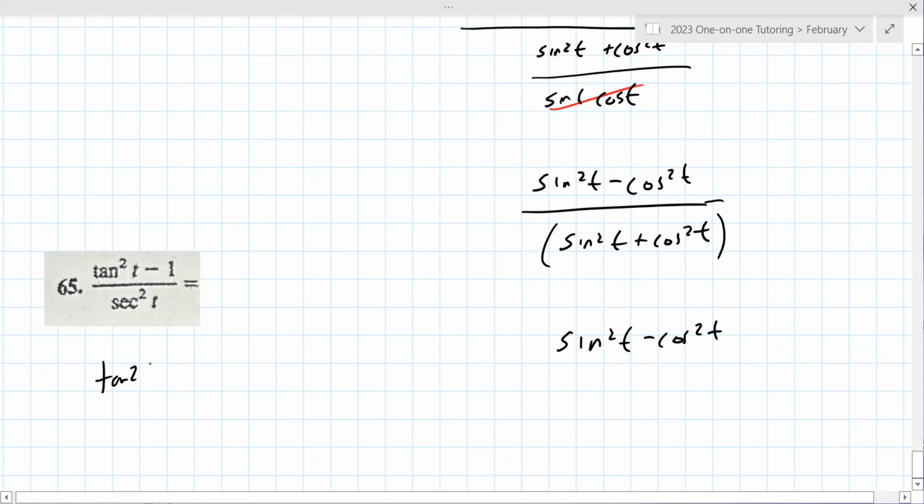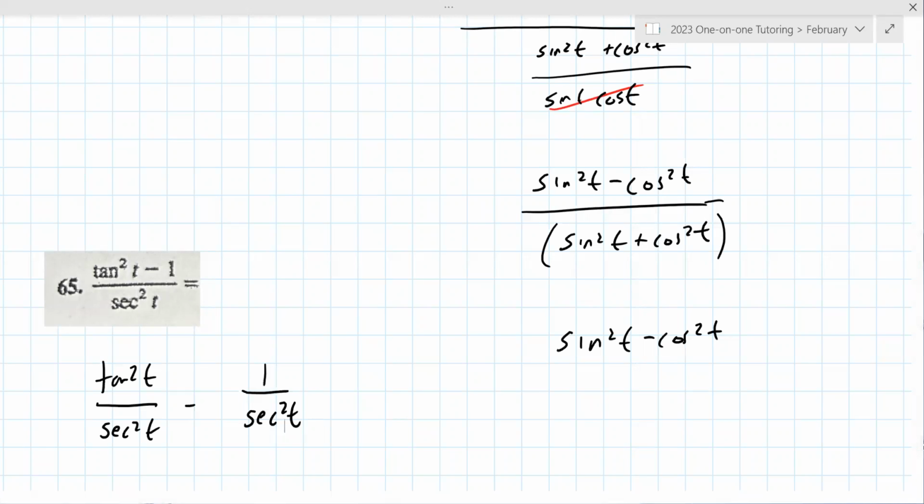Yeah, so tangent squared t over secant squared t. And this is where you get excited. You're like, okay, 1 over secant squared t, that's cosine. That's really good. So we've got that part. And then does this left one become sine squared t? Hang on. Secant.